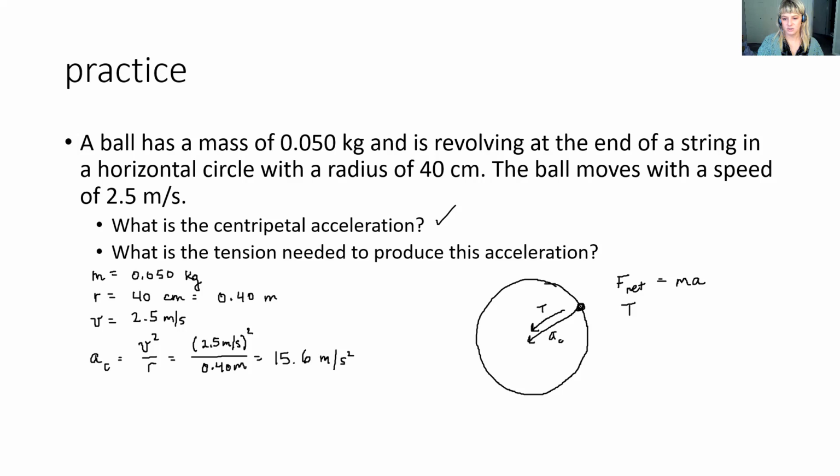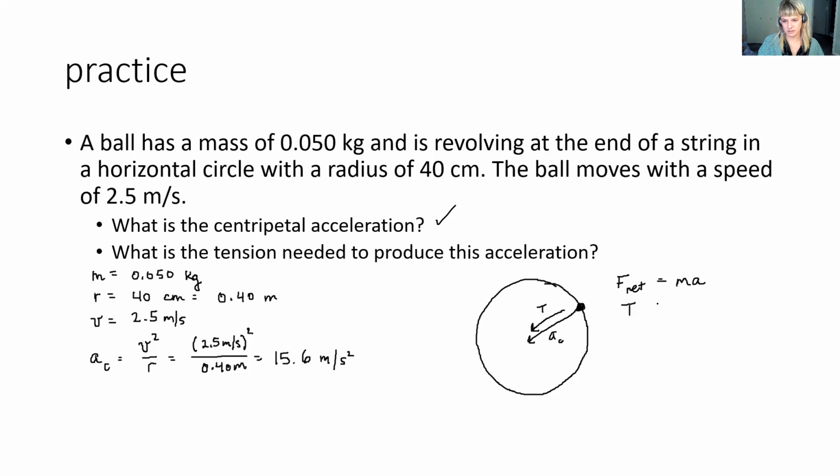That's not going to be contributing to the centripetal acceleration here, because it's in a totally different direction. The tension in the string is what's causing the ball to move in a circular path, and that's the only force acting radially here.